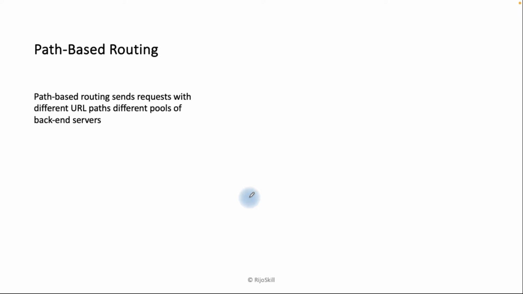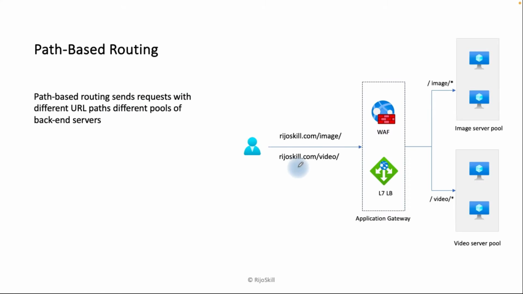So next we will go to path-based routing. I explained before that we have two types of routing in the application gateway: path-based routing and multi-site routing. First we will go to path-based routing. Path-based routing sends requests for different URL paths to different pools of the backend servers. Let me show you one diagram. This one is rijoskill.com.